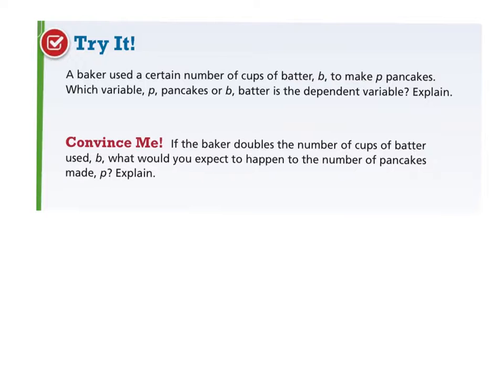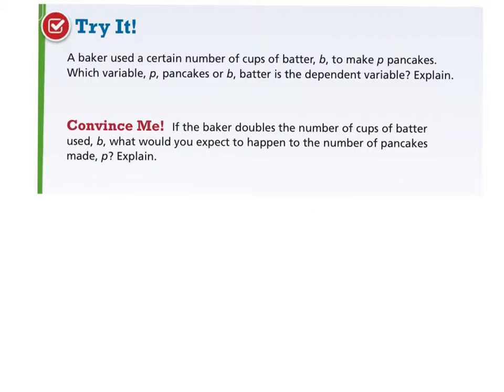You mix different ingredients together, and once you've mixed those ingredients together, that's called the batter. If you think about the process, it makes sense. The batter is what we're going to start out with, and then we're going to get the pancakes.